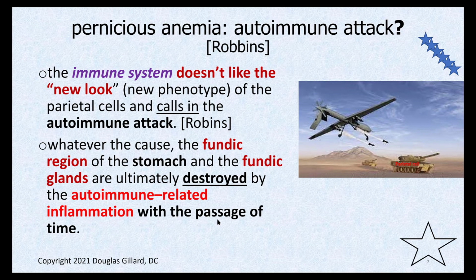The immune system does not like the new look of the parietal cells and calls in the immune attack. Whatever the cause, the fundic region of the stomach and the fundic glands are ultimately destroyed by the autoimmune-related inflammation with the passage of time.